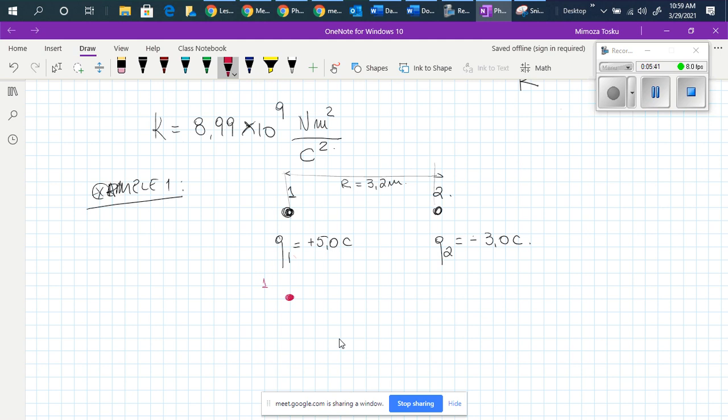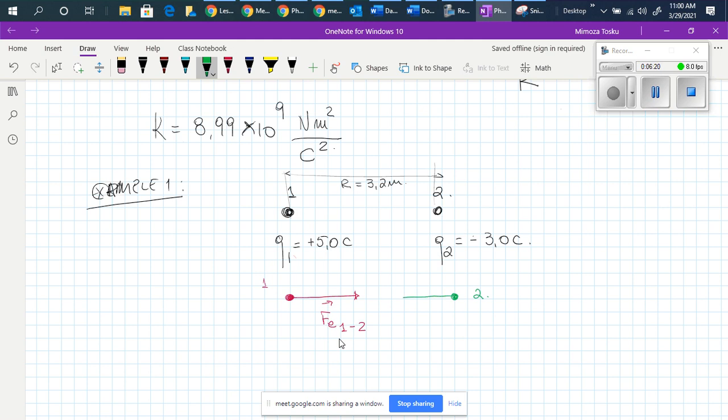Since the two charges are opposite charges, based on the general law of charges, they will attract each other. So this will be the electrostatic force that charge 1 experiences as a result of the presence of charge 2. Now when we draw the free body diagram of object 2, we replace the object of our interest with a dot, and then we see what is the force that charge 2 experiences as a result of the presence of charge 1.